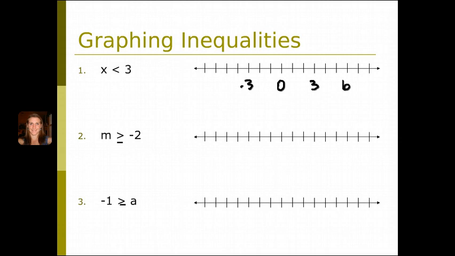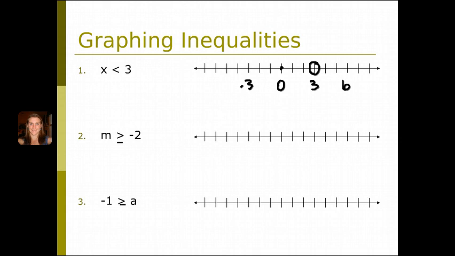Well, in our example, it says that x is less than 3, meaning that 3 is our starting number, but it is not included in the solutions. Therefore, we're going to draw an open circle around 3. Well, what is a number that's less than 3? 0 is one of those numbers.